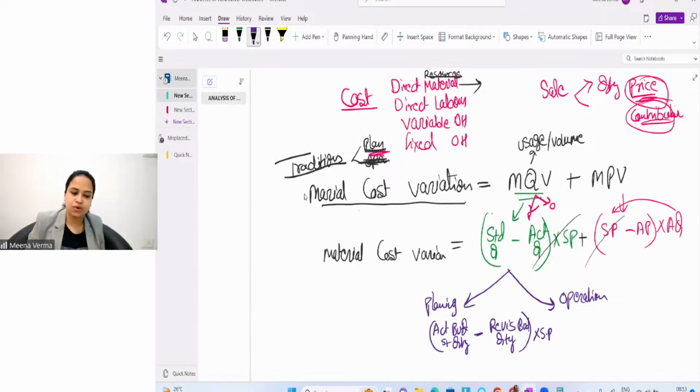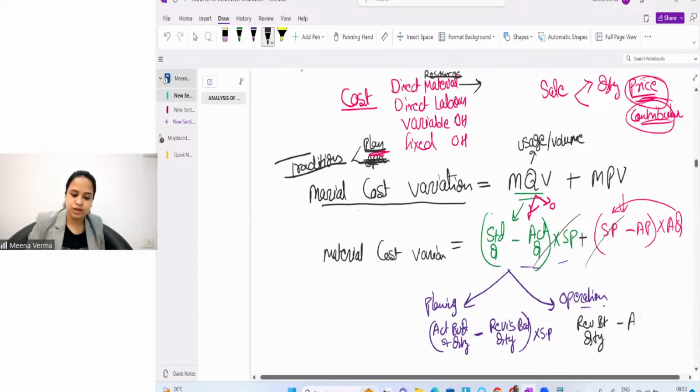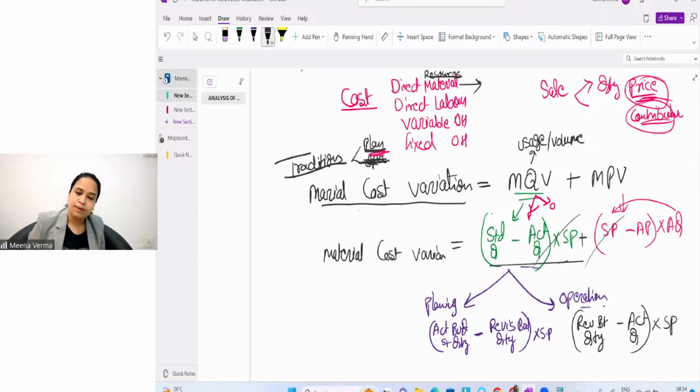This is for quantity variation. Similarly, for operational variation, what will you do? You will write it in this way. Revised budget of quantity minus actual quantity into standard price. So you can see the same formula. I am using the same formula here, but here I'm just classifying them into planning and operational variation.